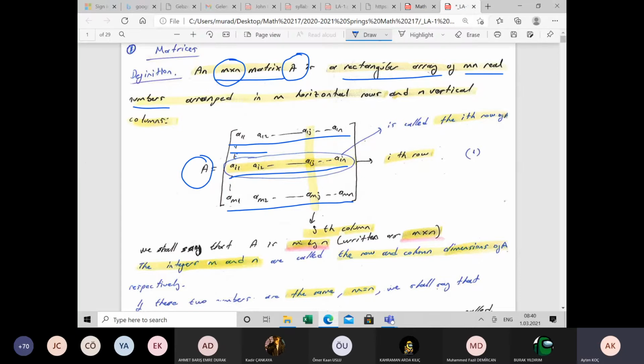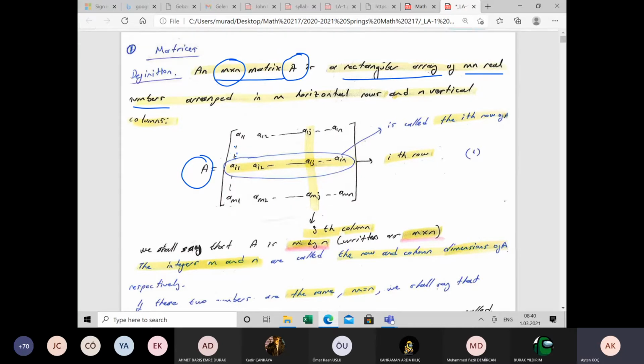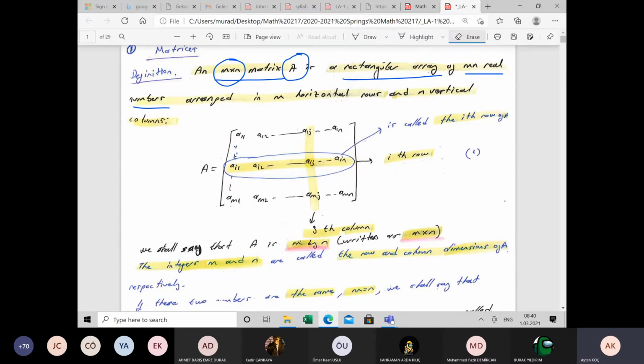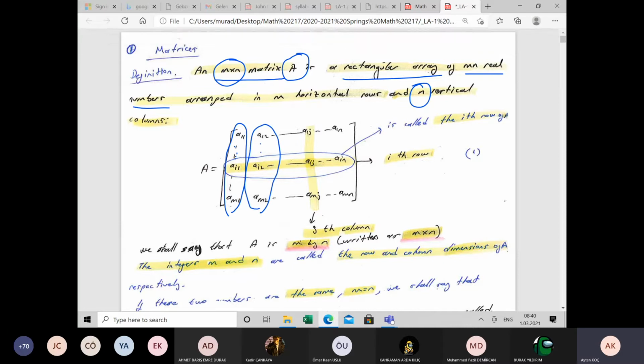And also our matrix contains n columns. This one is the first column, this one is the second column, this one is column j, and this one is the last column.